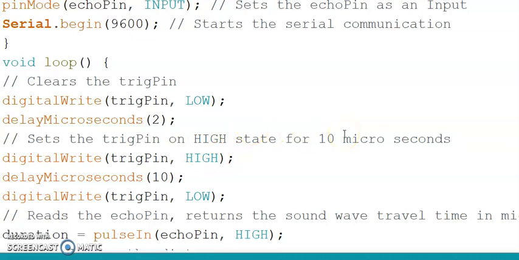To do that, I have to write high on the trigger pin for 10 microseconds. But before doing that, make sure that the trigger pin is in a low state. To check that, this statement is written. We have already seen this command: digitalWrite on the trigger pin low, then a delay of 2 microseconds. This ensures that for 2 microseconds the trigger pin will be in a low state.